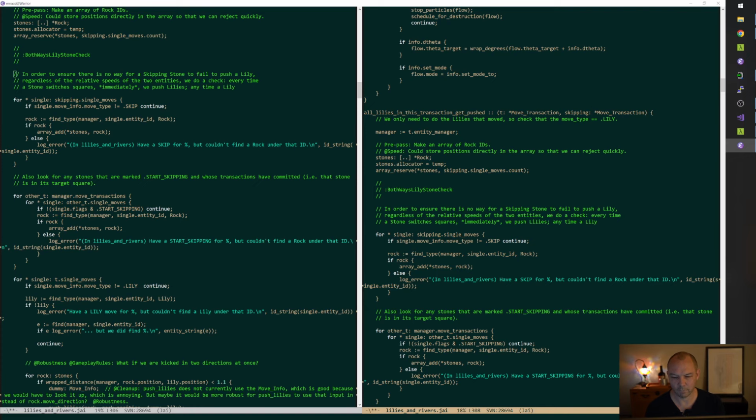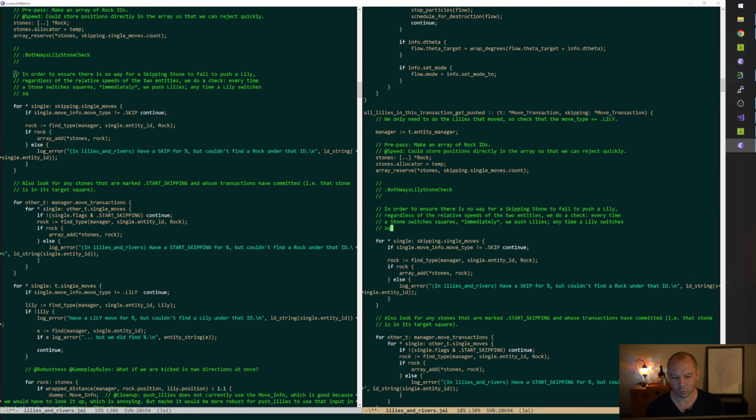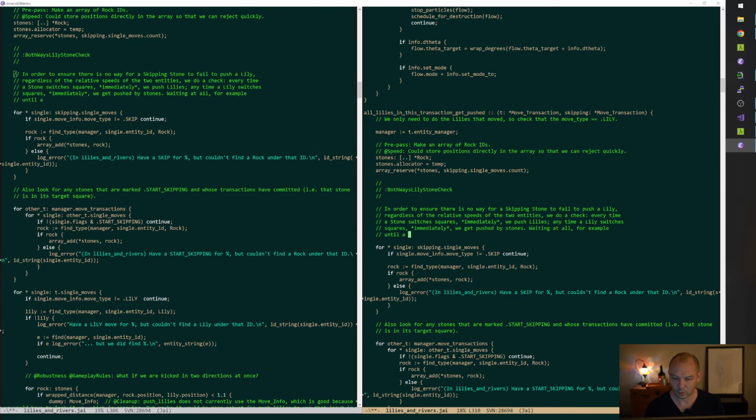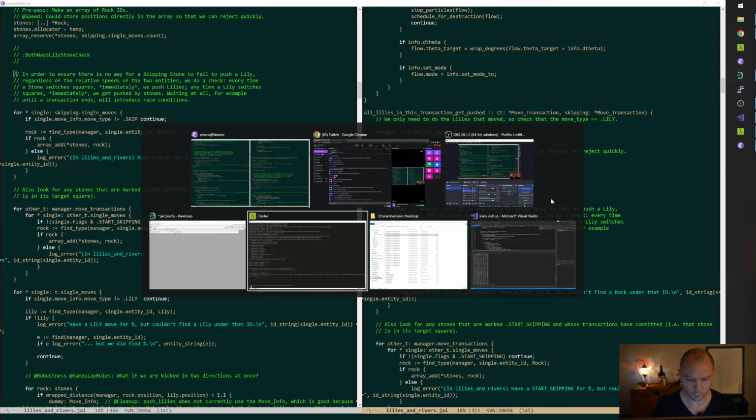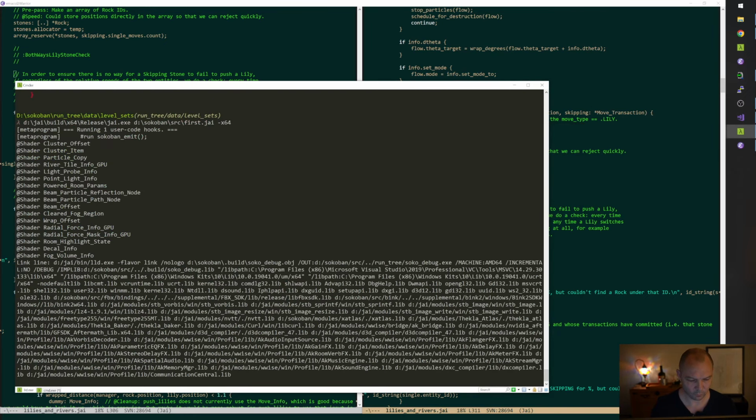Anytime a lily switches squares, immediately we get pushed by stones. Waiting at all, for example, until a transaction ends, will introduce race conditions. Okay, so that is what it is.